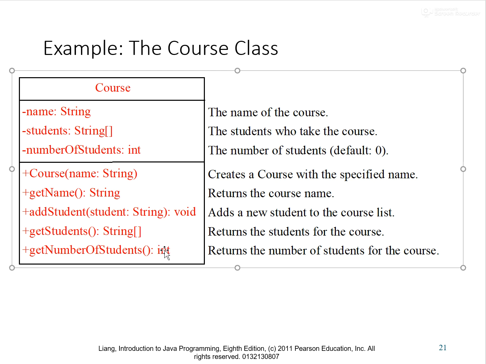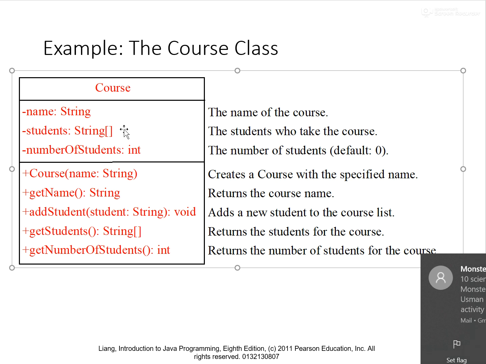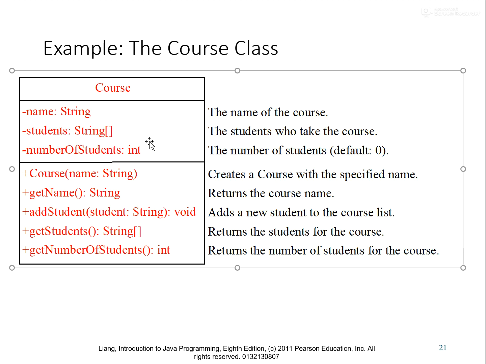Actually, this one's missing something. Obviously this is a class that maintains the name of a course, a string array of names of students in the class, and a count of the number of students that are in the class.